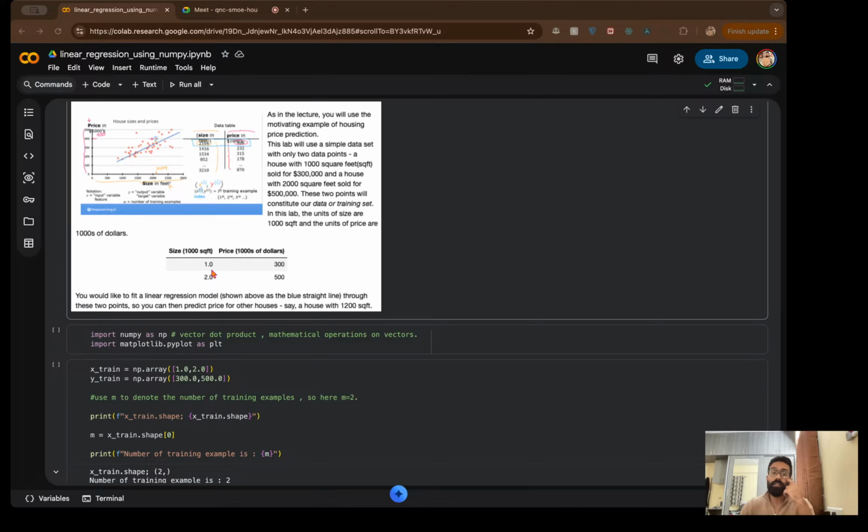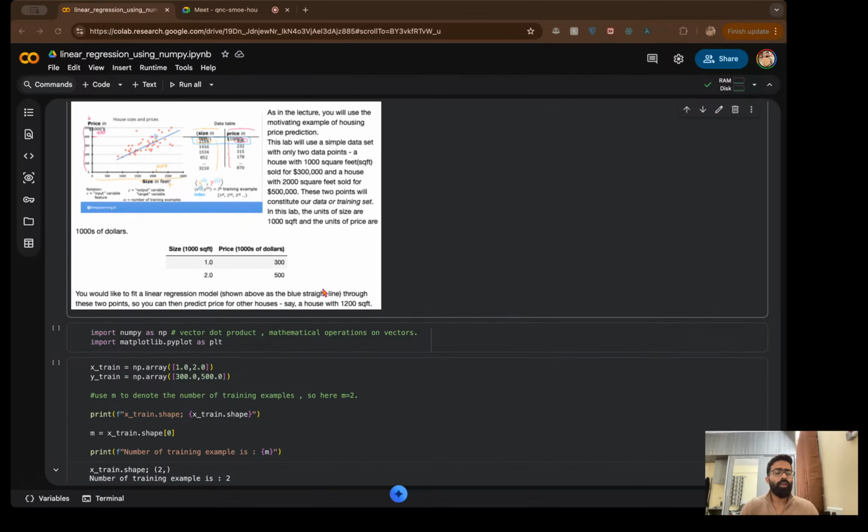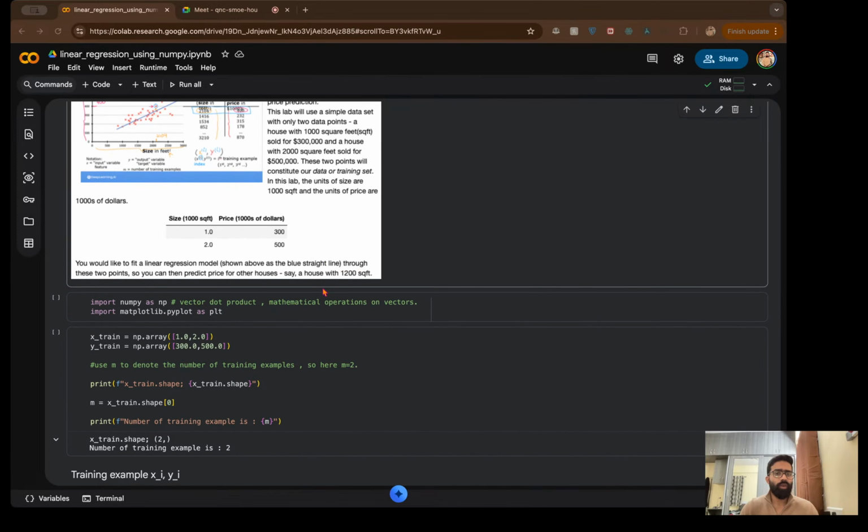A 1,000 square feet house was recently sold for $300,000, and we have another data point: a 2,000 square feet house was recently sold for $500,000. Through this data set we are going to create a linear regression model.